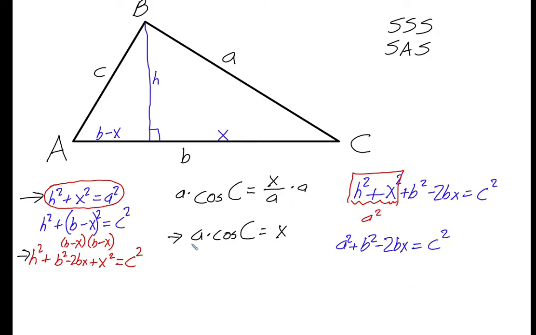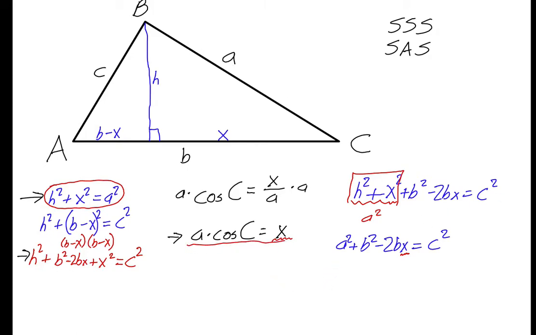Now we're going to bring this one into play. We're going to say, hey, look, I've got an x right here, and I know what x equals. It equals a times the cosine of c.